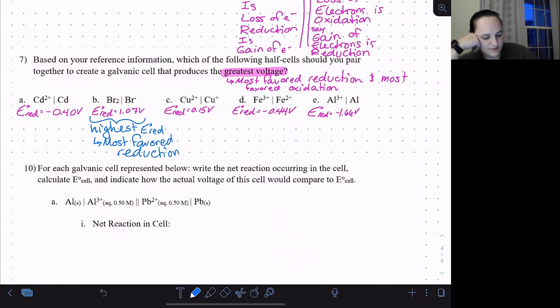So that one is definitely going to be involved as the cathode reaction, as the reduction half reaction that is part of the galvanic cell we're trying to produce.